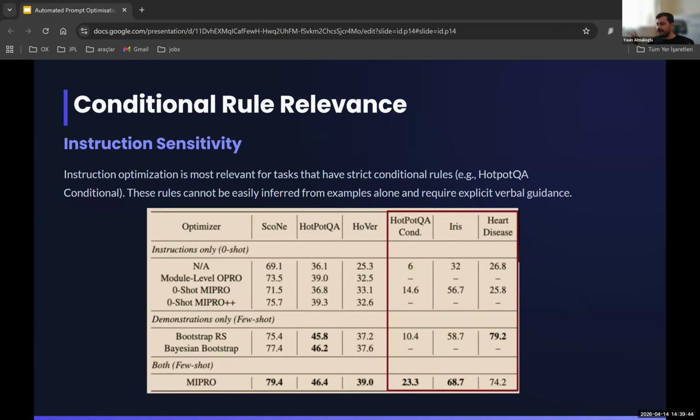So the final finding of this framework is, in general, the data sets or the benchmarks that you have are a mix of these different patterns. It could be rule heavy or pattern heavy, so we don't know. But using these instructions and examples in the optimization pipeline, you can get a good optimization.